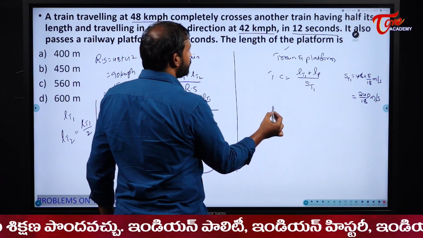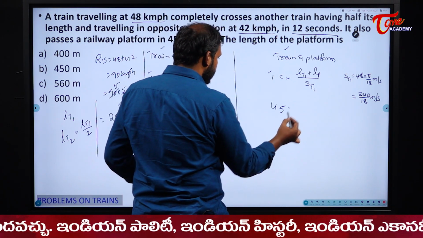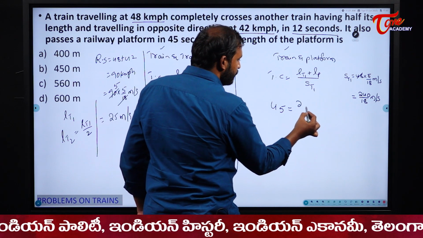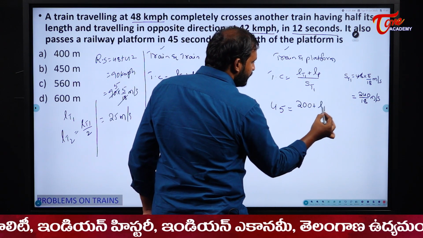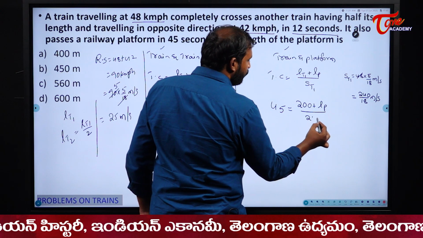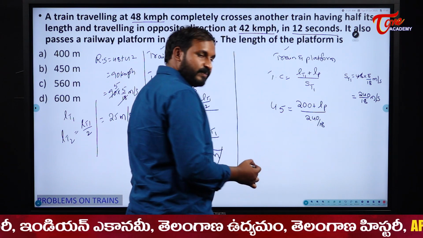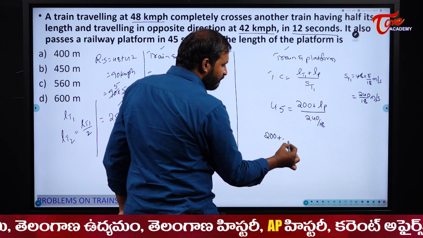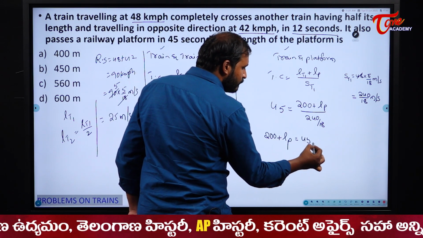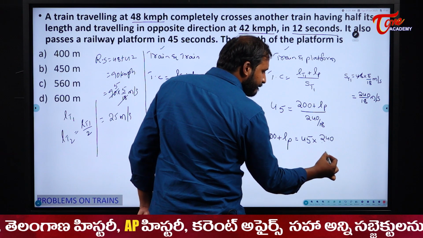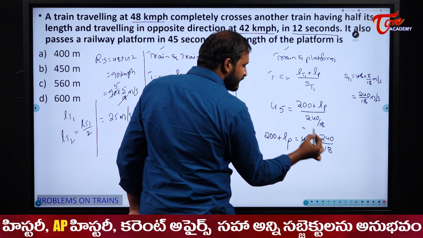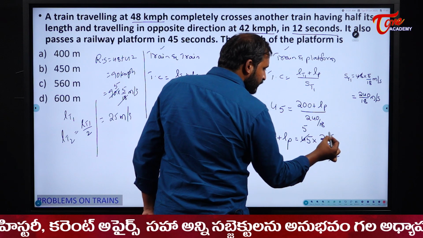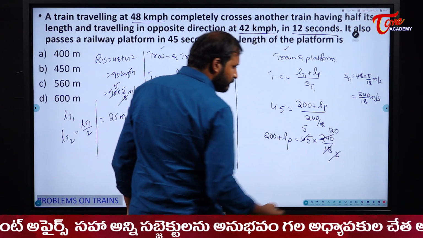Now simply substitute in this one. 45 is equal to the length of train 1, which is 200, plus the length of the platform we need to find, by the speed of the train, 240 by 18 meters per second. So 200 plus length of platform will become 45 into 240 by 18. 9 fives are 45, 9 twos are 18, 2 ones are 2, 2 twelves are 24, and 0.